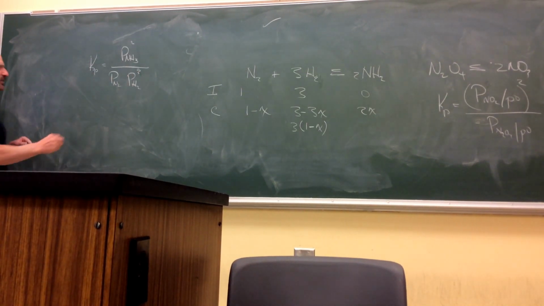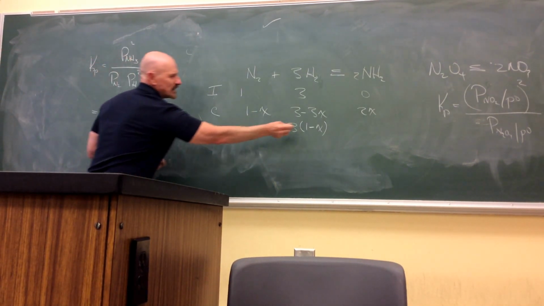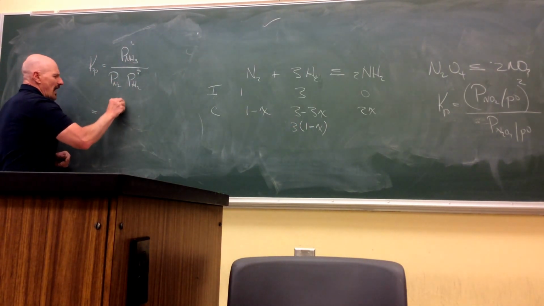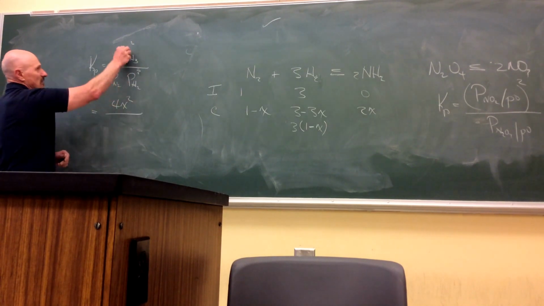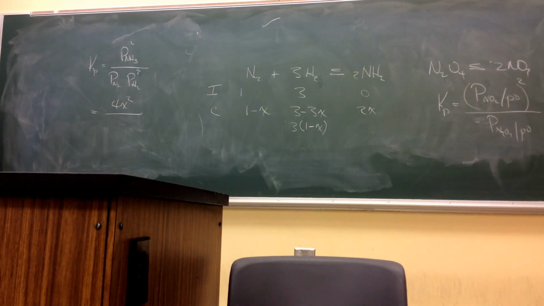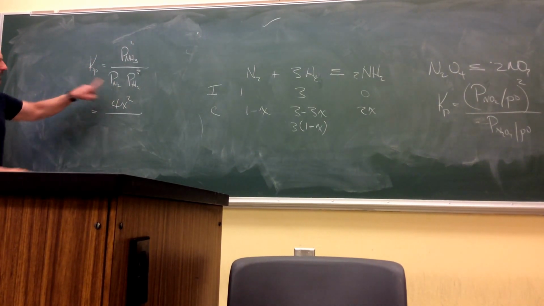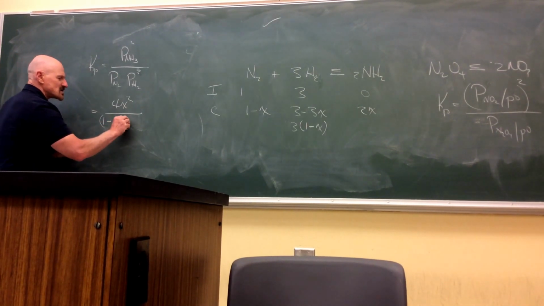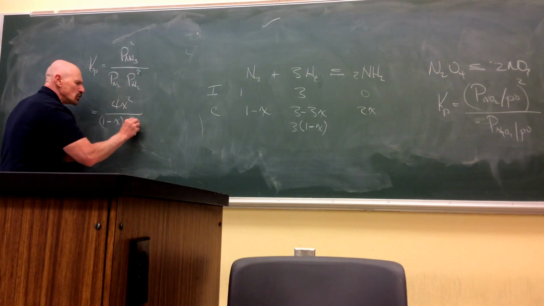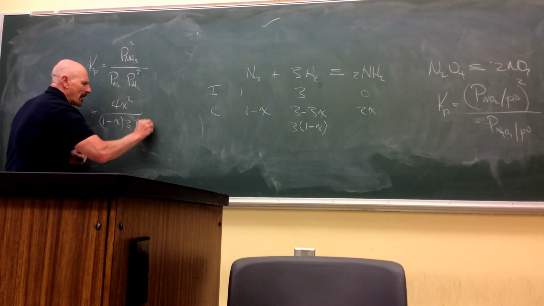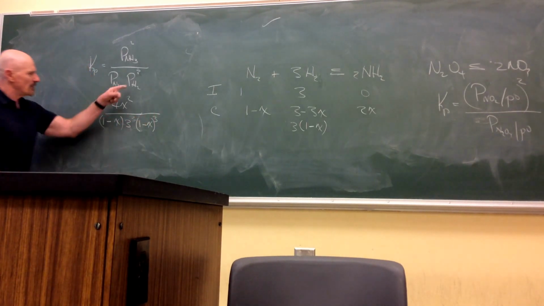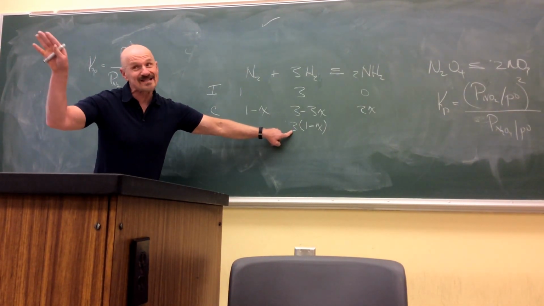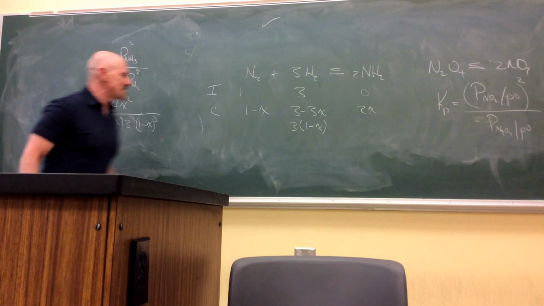But if I put these values in, this ends up being 4x squared, that's 2x squared, over 1 minus x times 3 cubed times 1 minus x cubed. The pressure of hydrogen cubed is 3 cubed, which is 27, not 9, and 1 minus x cubed.